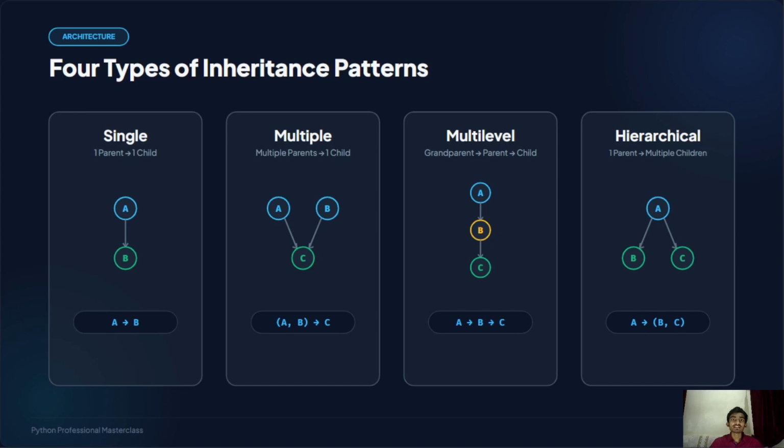Both Dog and Cat inherit from the same parent. As a beginner, you don't need to memorize every diagram. Just remember the basic idea. Inheritance allows classes to reuse existing code, making programs shorter, cleaner, and easier to maintain. As you build larger programs, these inheritance patterns become very useful.